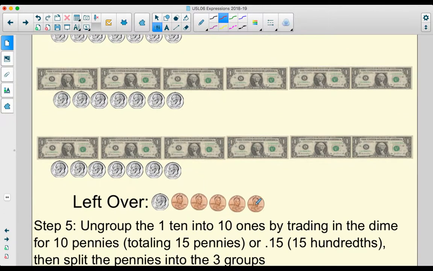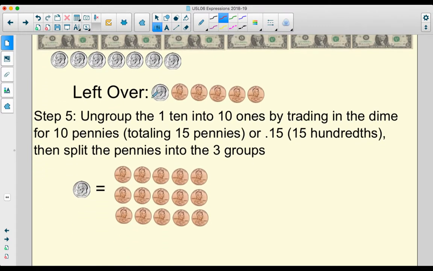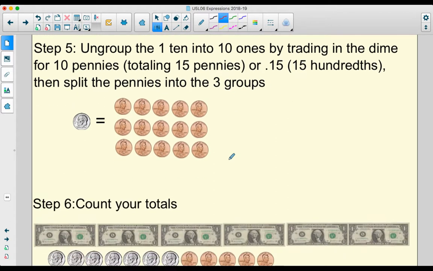I also have the 5 pennies left over yet. So now my next step would be to ungroup the 1 dime into 10 pennies by trading in my dime for 10 pennies. That gives me a total of 15 pennies, or 15 cents, 15 hundredths. Then I can split those into 3 groups. And I kind of organized that perfectly for me.